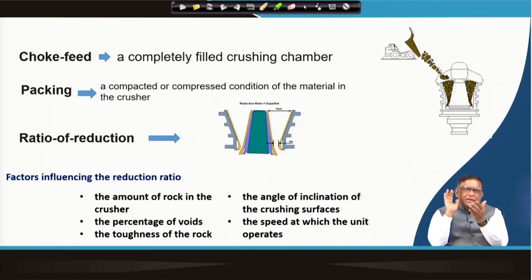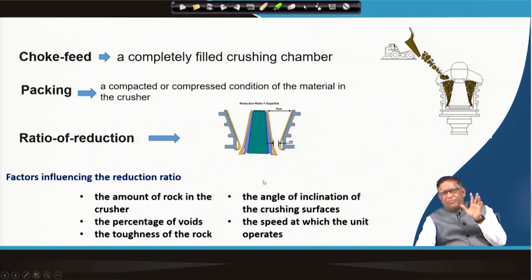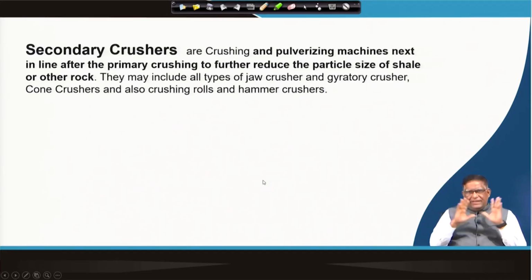If it is a jaw crusher, it is the blows per minute it is giving, or if it is a gyratory crusher, how many gyrations per second it is giving. So, those are the factors that will be affecting. This is very general, and all of you must know it.